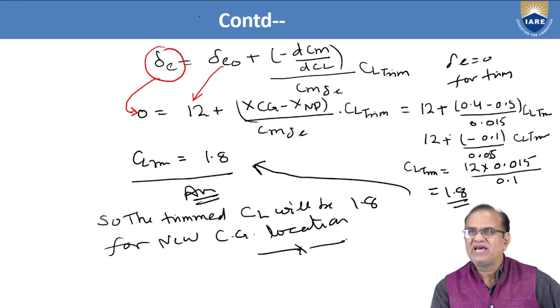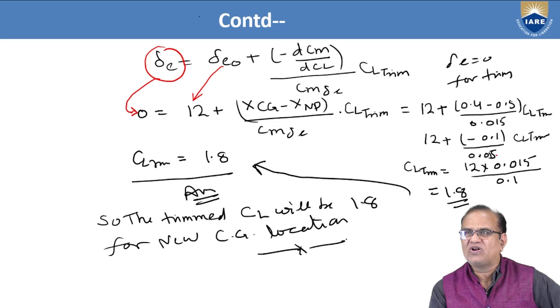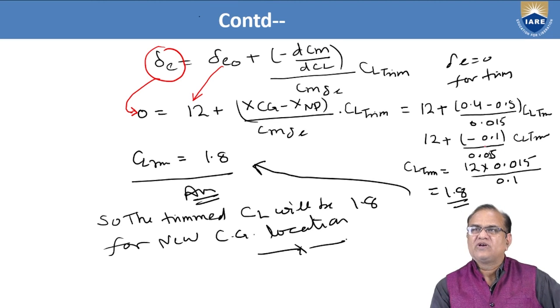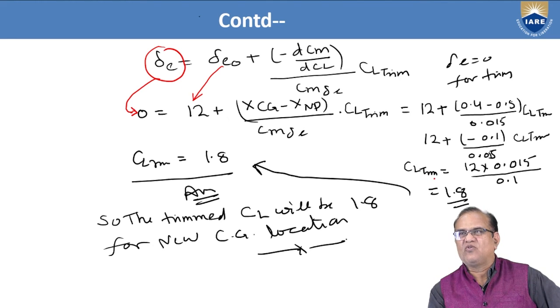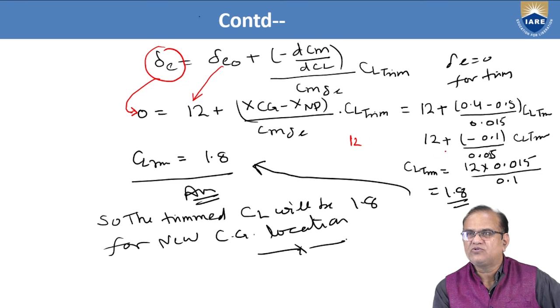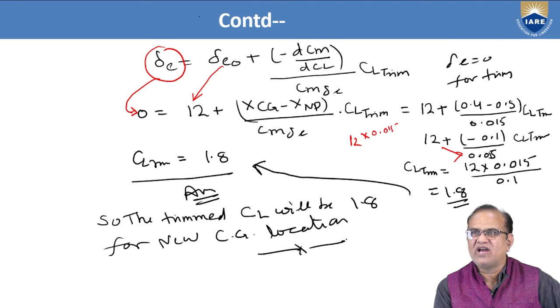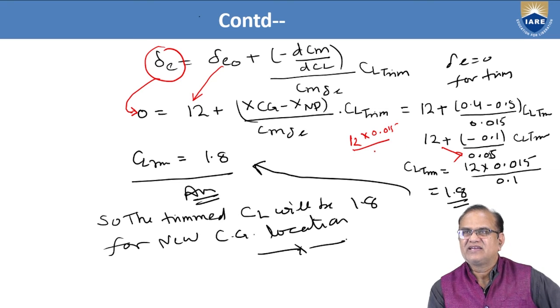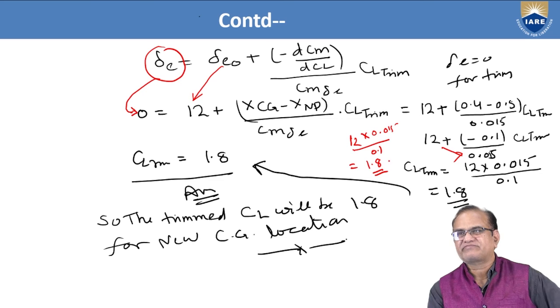So 12 plus here 0.1 divided by 0.015 CL trim. So now CL trim is equal to what? So CL trim is equal to 12 into this 0.015 and divided by minus 0.1. So you will get here 1.8 degree.